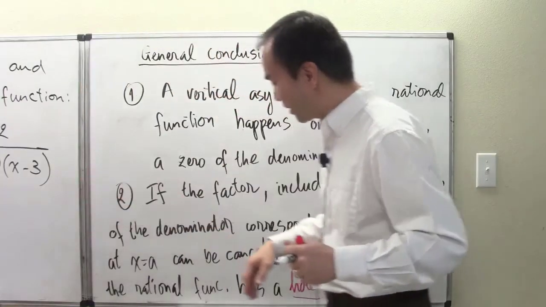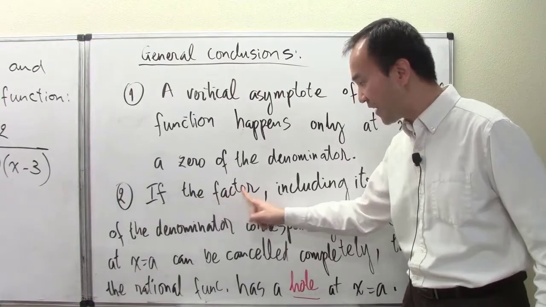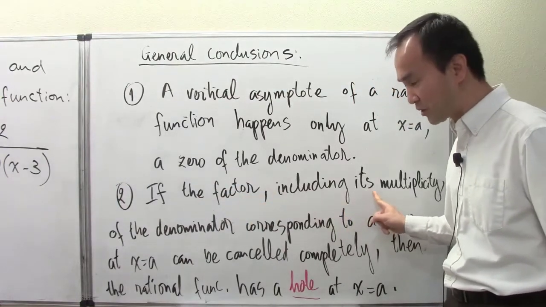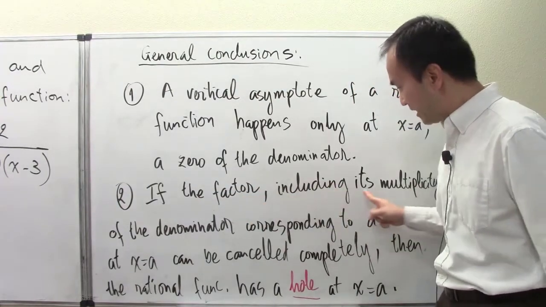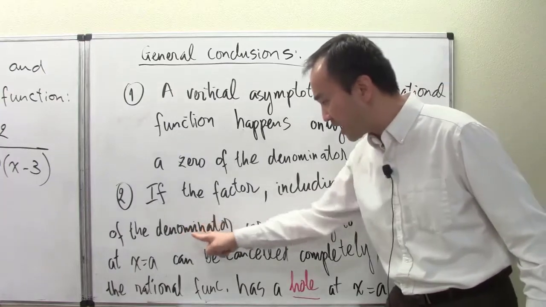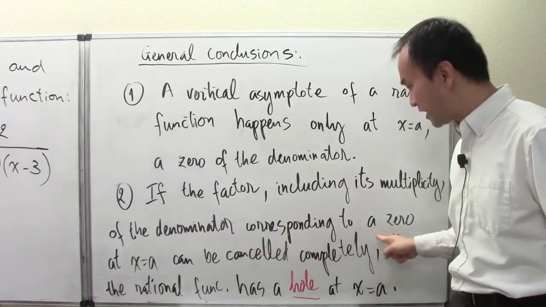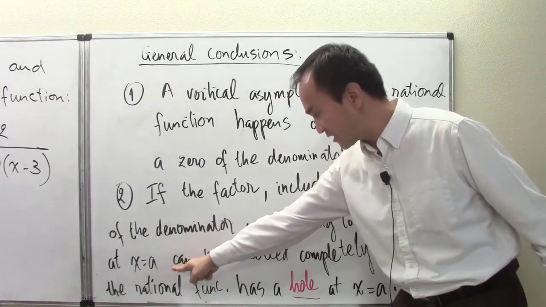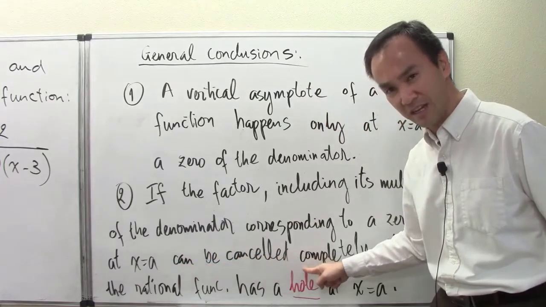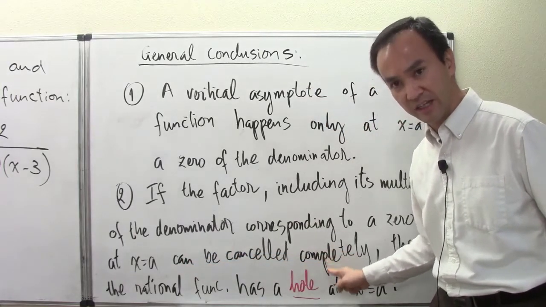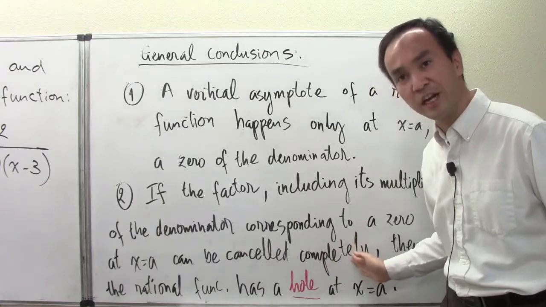one more time I'm swinging back to this board right here. If the factor including its multiplicity of the denominator that's corresponding to a 0 at x equals a can be cancelled completely, this statement right here is the testing criteria for us.